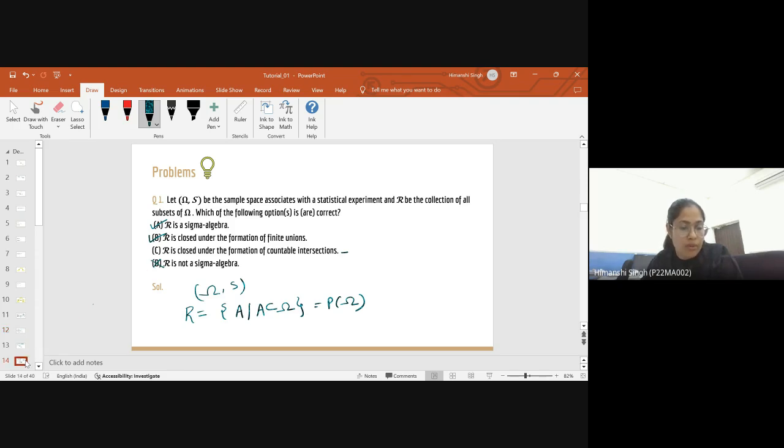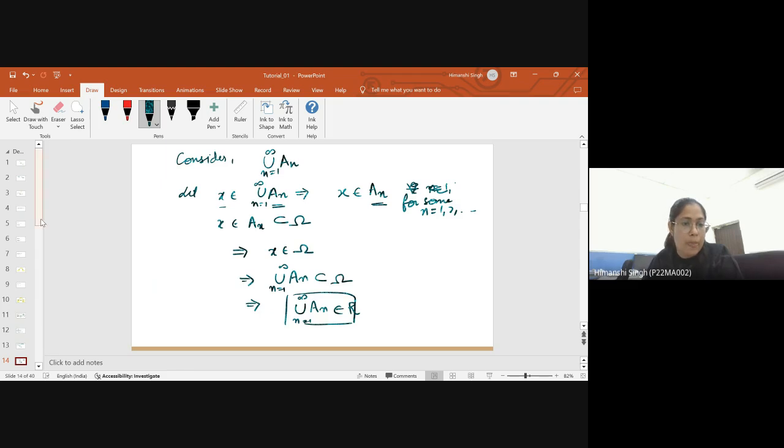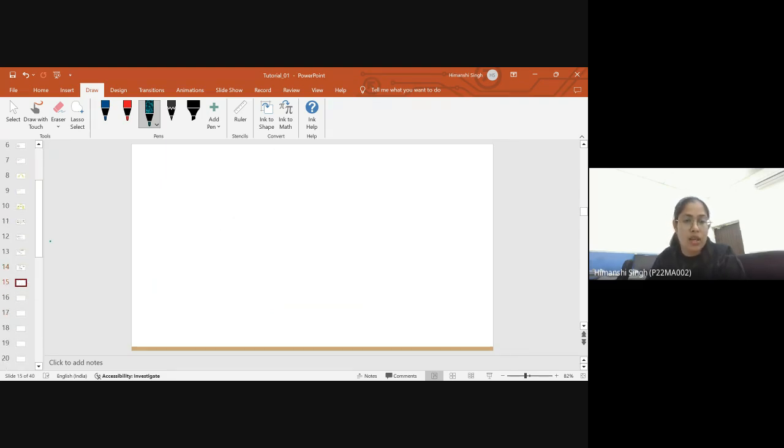So we need to consider the countable intersection, that is, the intersection over n from 1 to infinity. Let x belong to the intersection over n from 1 to infinity. So what it implies is that x belongs to An for all n, so it belongs to every An.